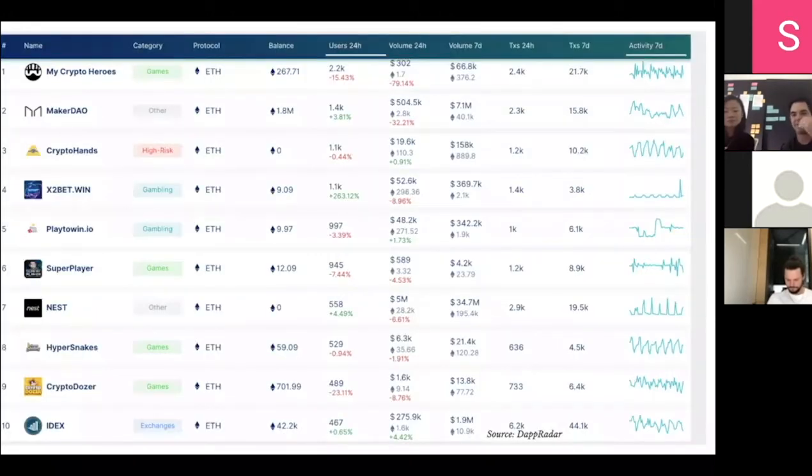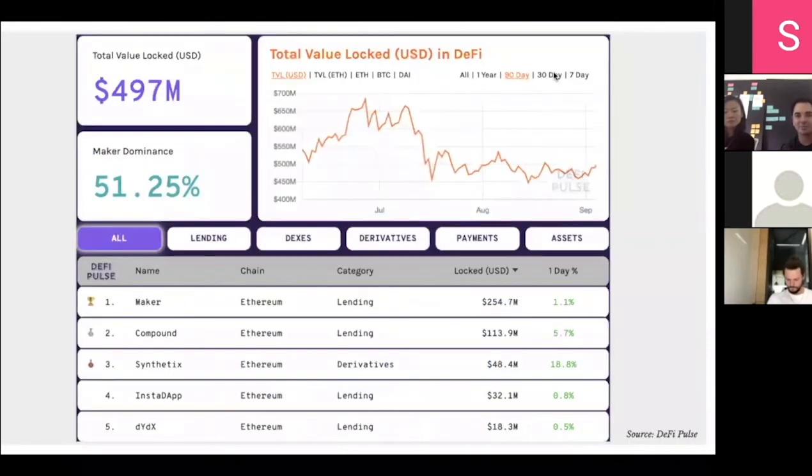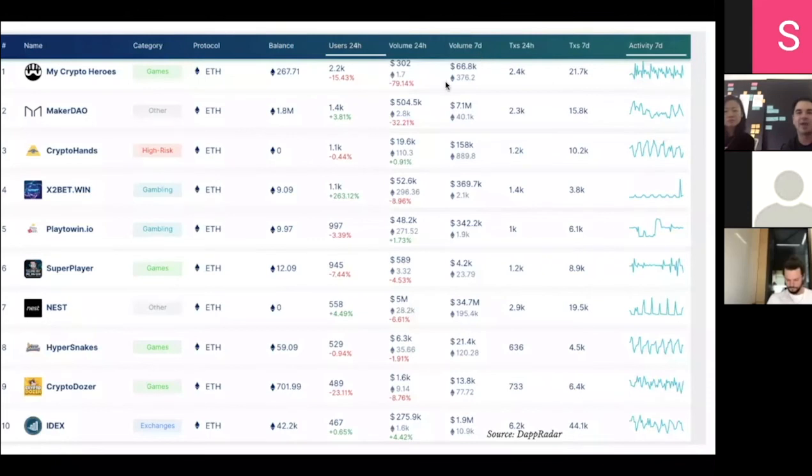So here are some examples. If you go to Dapp Radar, these are the top dApps for Ethereum. And you can see that, even these very top ones, and these are kind of global top tracking, if you look at the number of, I believe this is daily actives, users within 24 hours, the very top application was 2,000 users, right?